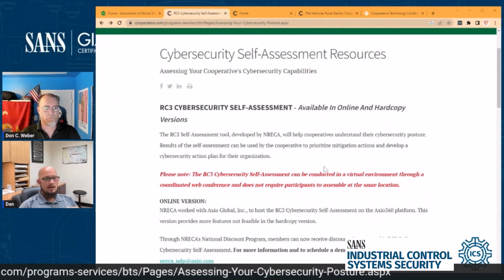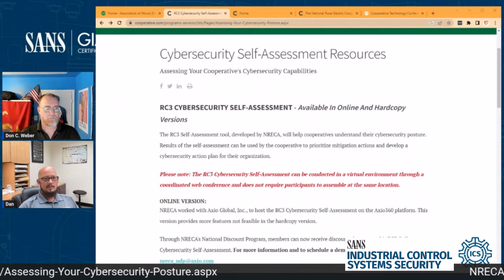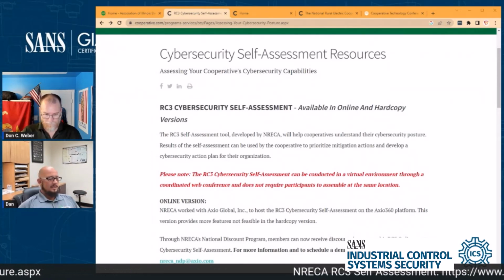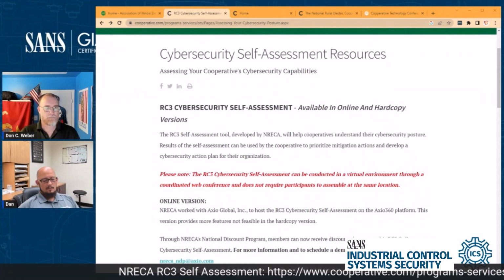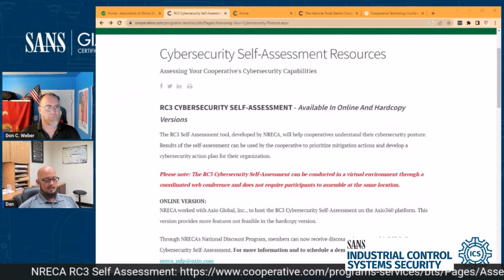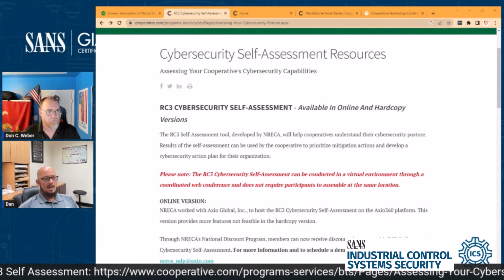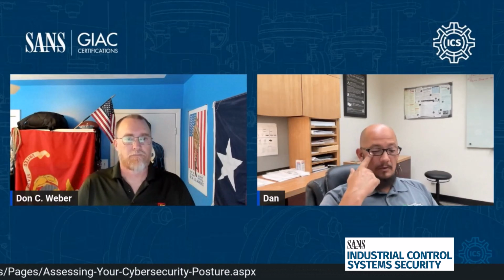If you know anything about the C2M2 model, it was all based off of NIST. As you look through the RC3 self-assessment program, it's very evident that it aligns very closely with NIST. In fact, we can look at those, Dawn, right now.